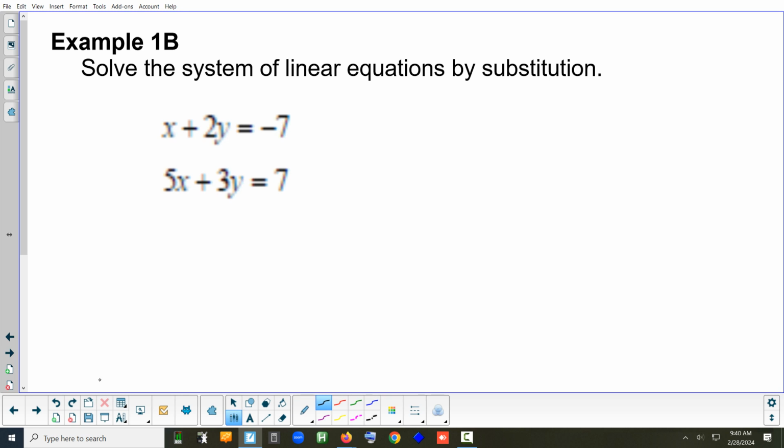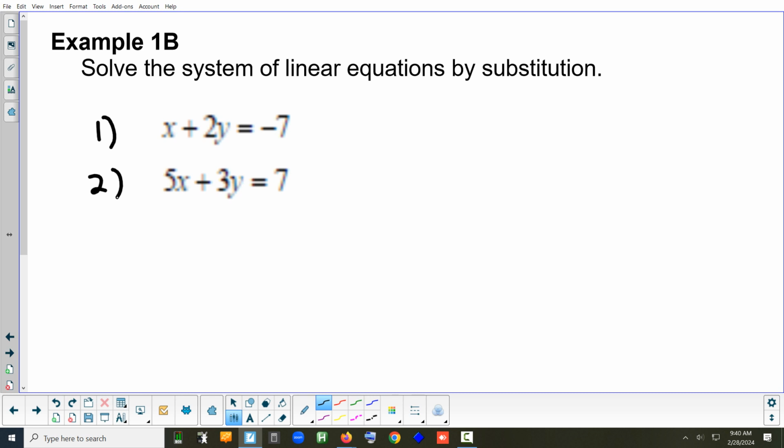All right, so it says solve using substitution. Okay, so step 1. Check if you have a letter by itself on one side. Is there a letter that's already all alone on one side? No. Then we need to fix it.